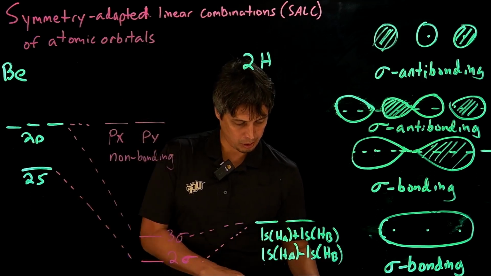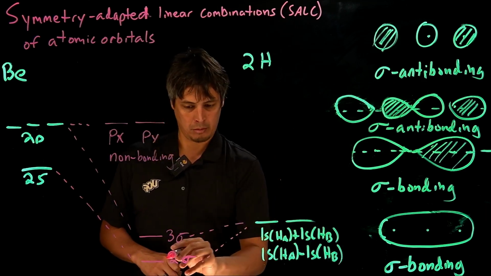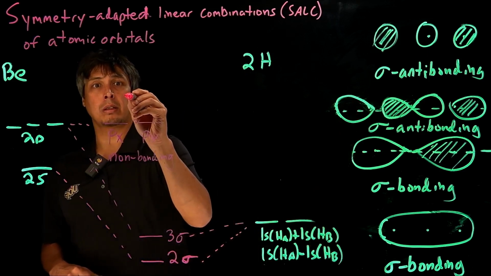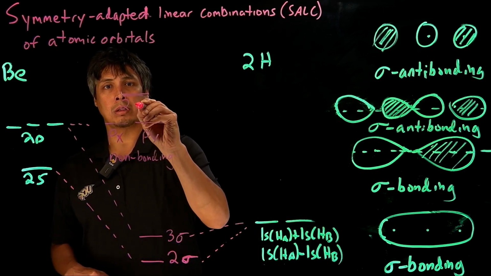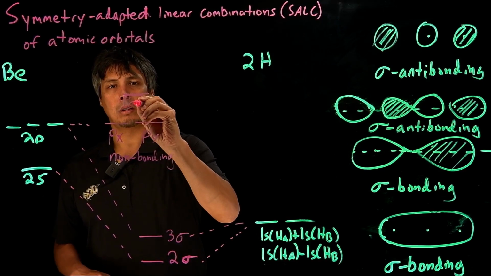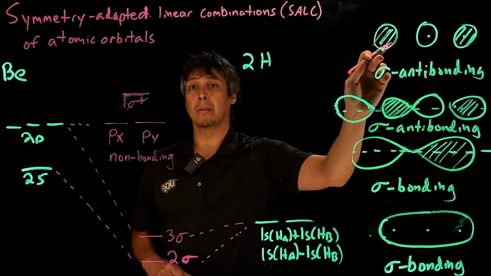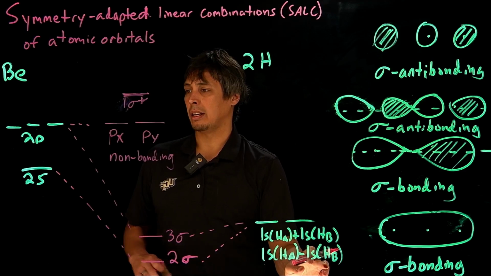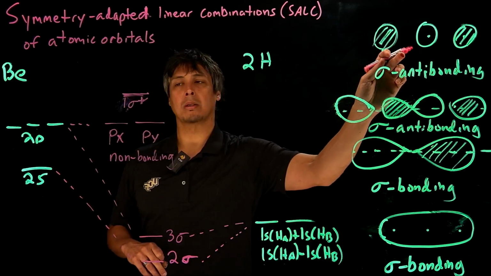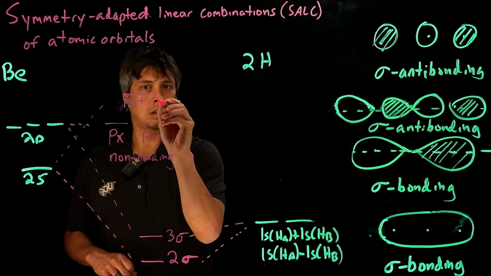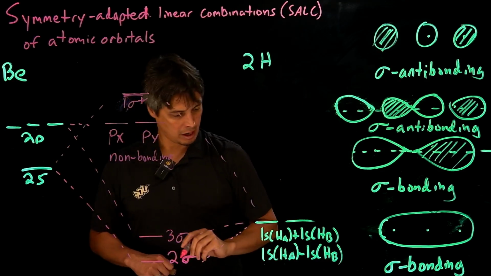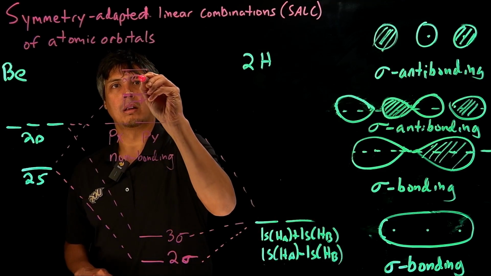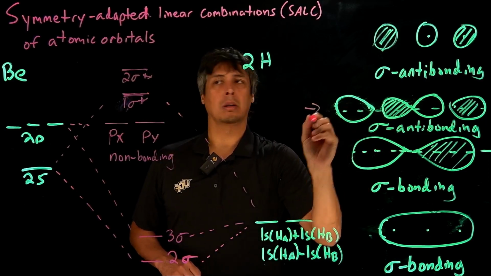And then from there, we're going to place the antibonding orbitals that we generated. It turns out in this case the next one is going to be 1 sigma star, which is the combination of the 1s HA minus 1s HB and the 2s orbital, so that's this one up here. And then we have the 2 sigma star, which is this antibonding orbital here.